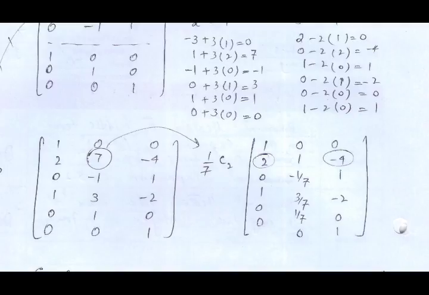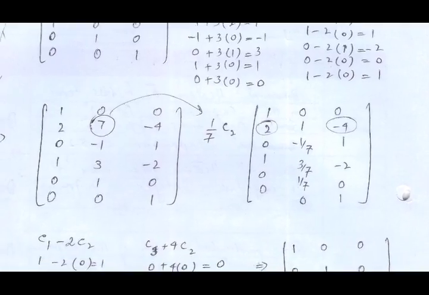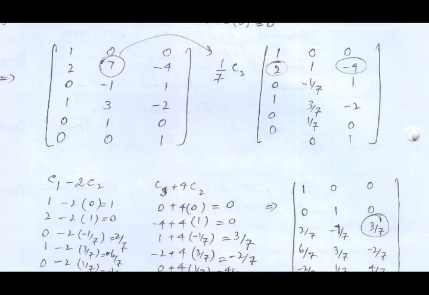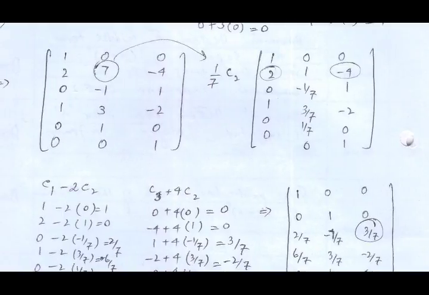Then we make the middle value in the second row equal to 1. Here it is 7. We divide it by 7. It makes 1 there, and then we make 2 and -4 equal to 0, 2 in the first column and -4 in the third column. With the help of 1 in the second column we make them 0.